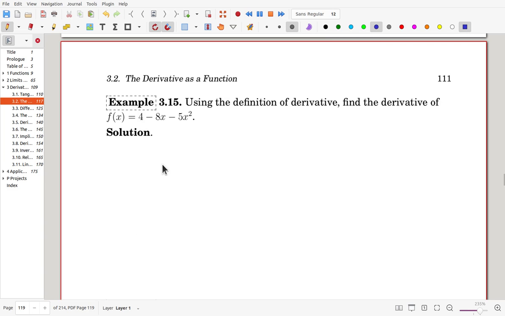The definition says that first we have to manipulate the difference quotient, f(x+h) minus f(x), divided by h, and then later apply the limit as h approaches 0.